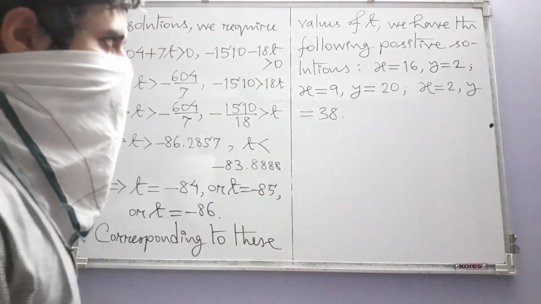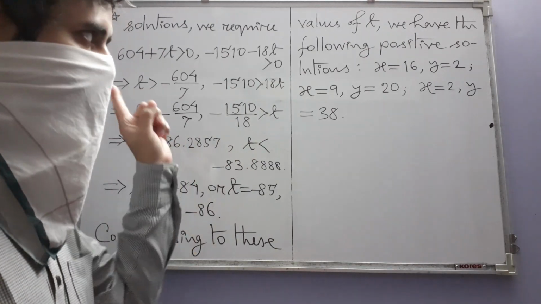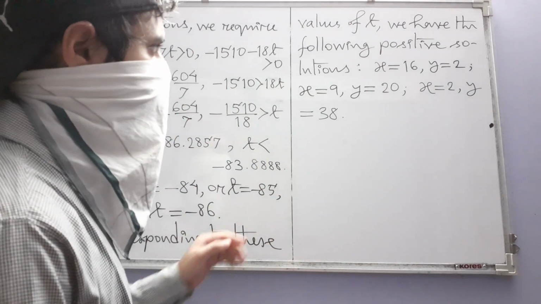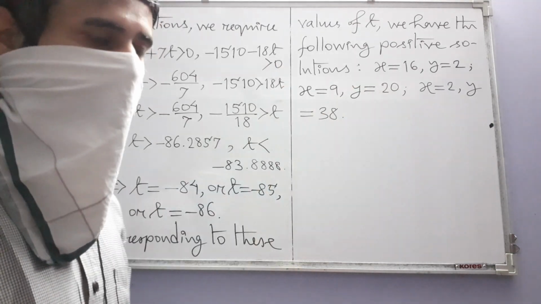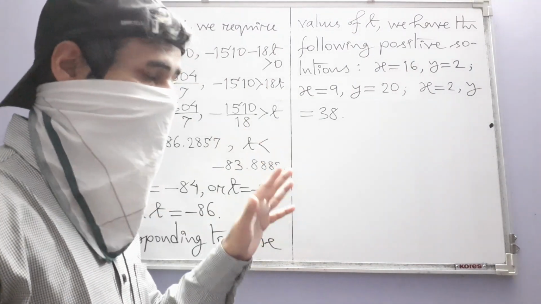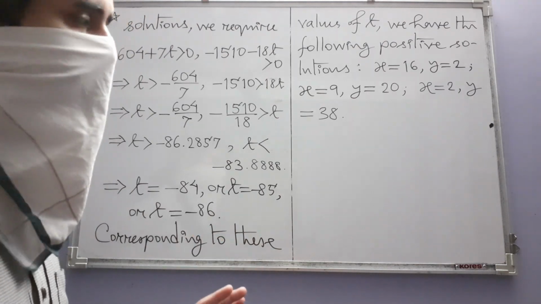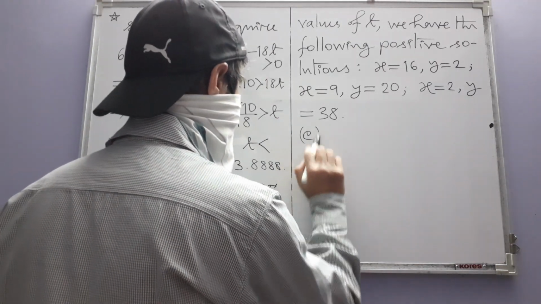To calculate these values, you of course put these t values in the general solution, then from there you get x and y. So you can see that in each case both x and y are positive. So among all the infinitely many solutions, these are the only positive solutions where both x and y components are positive. Okay, so that is part B.